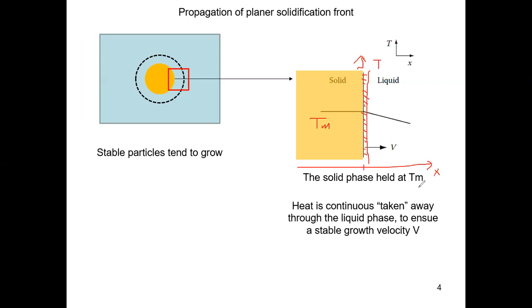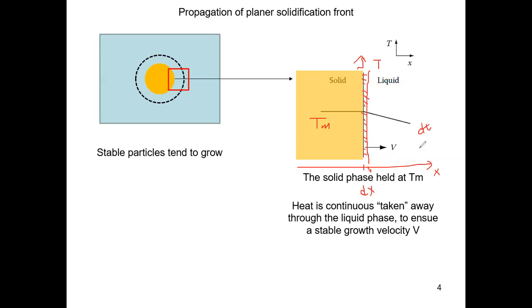Okay, so how can I define a velocity v? This is very straightforward. Suppose this is my original position of the solidification front. Now, say I monitor the system. During time dt, this small time, I see that a very thin slab of solid forms, and the thickness of the slab is dx.